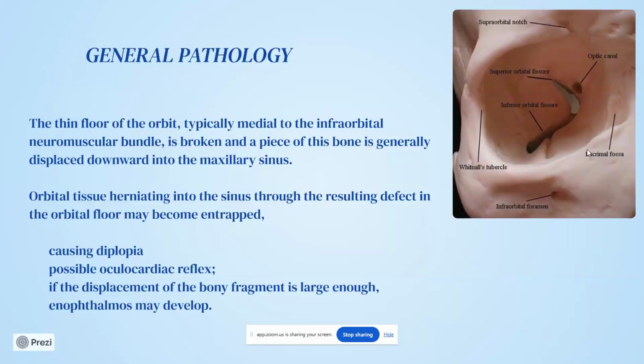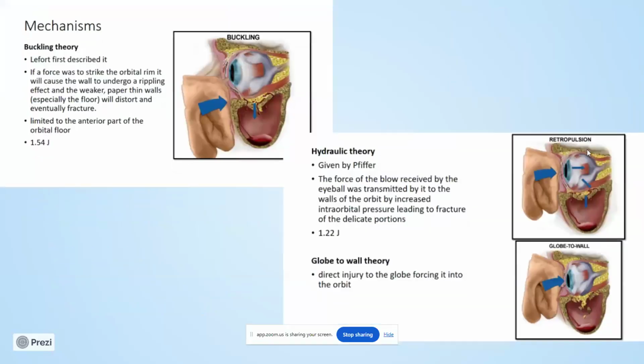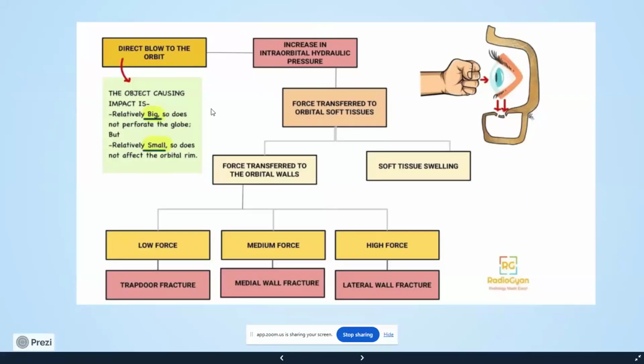The mechanism for the blowout fracture has been described as the buckling theory and the hydraulic theory. The hydraulic theory, given by Pfeiffer, is the most accepted one. Let us understand what happens in the hydraulic theory. The object is greater than the size of the globe, big enough not to perforate the globe but to give a direct blow to the orbit.